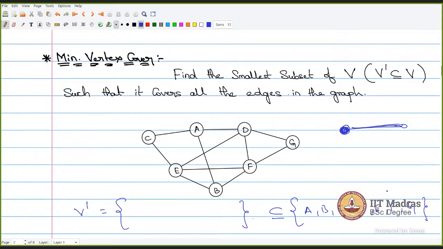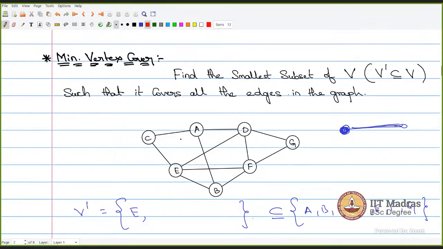What I suggest is you choose the vertex which has the most edges connected to it. Which vertex is this? F, sir. F, or E. You can choose E and F both, they have the same number. You start by choosing E.